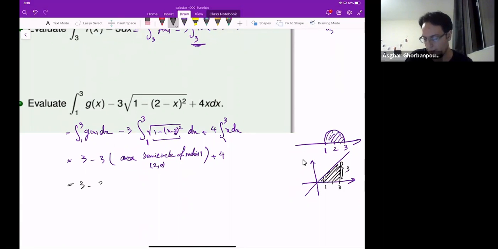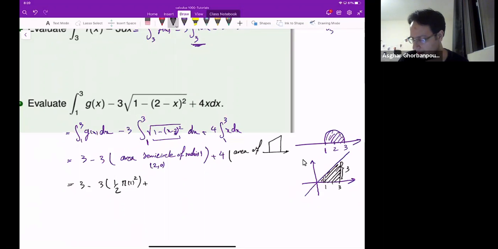So 3 minus 3 times area of semicircle, half of pi 1 squared. Pi 1 squared is the area of circle of radius 1. Half of that is area of the semicircle. So this is area of the trapezoid, area of the region. Let me just write it here. The region, or the shape, is like that.